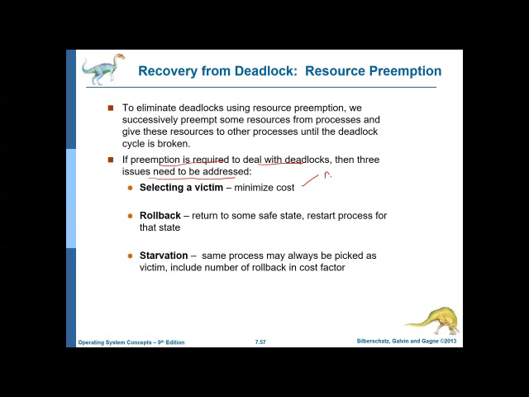What is meant by cost? The number of resources a deadlocked process is holding. If you have to release a lot of them, maybe the cost is more. That much time has been spent on this resource and it's not worth it. The second one is the amount of time the process has consumed so far.